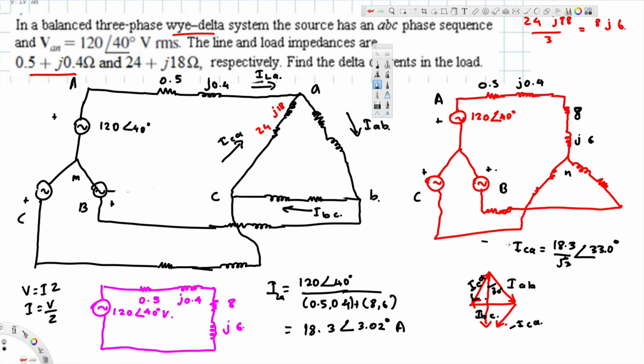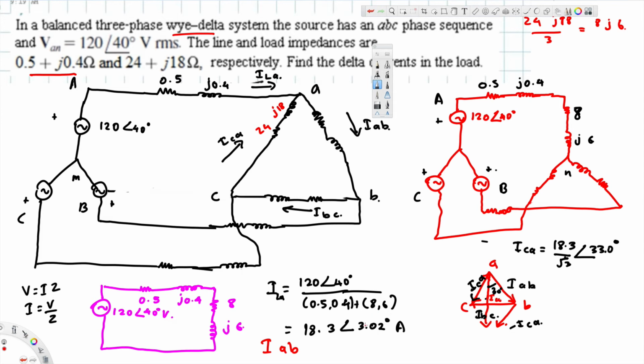Let's put IAB first, because then only you can know how we got 33. If we take IAB from the triangle, let's put the direction of the triangle. This is A, this one is B, and this one is C. So IAB is here, and from the line current, the middle one is the line current.